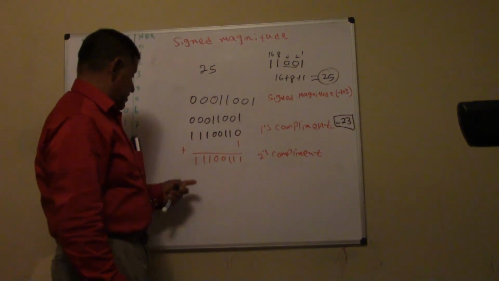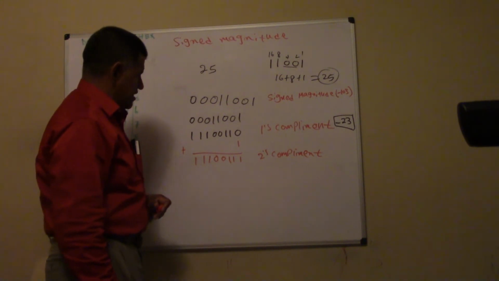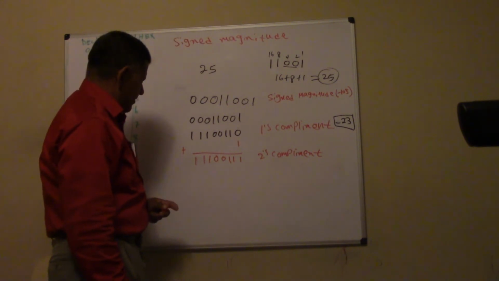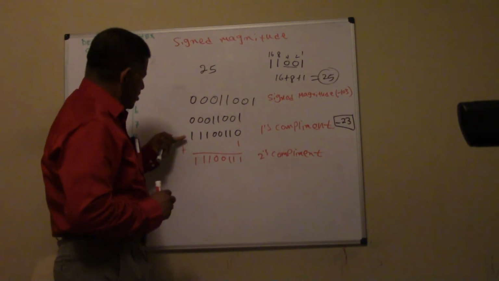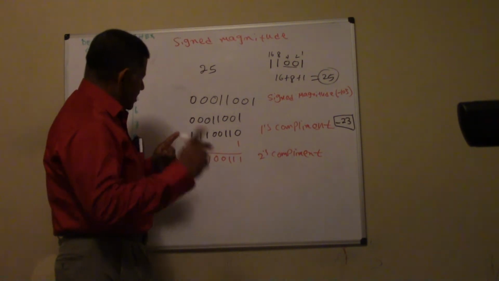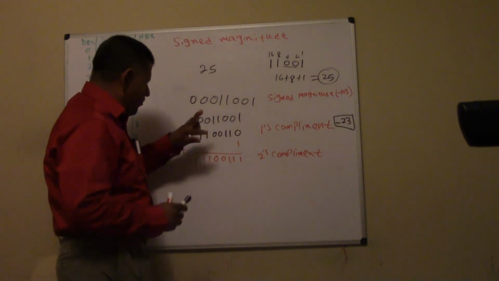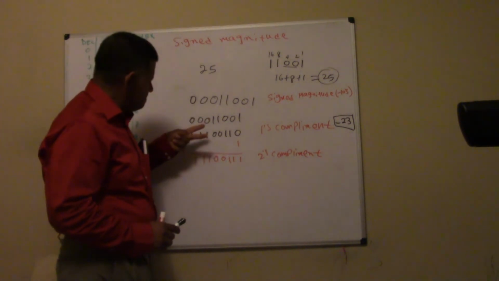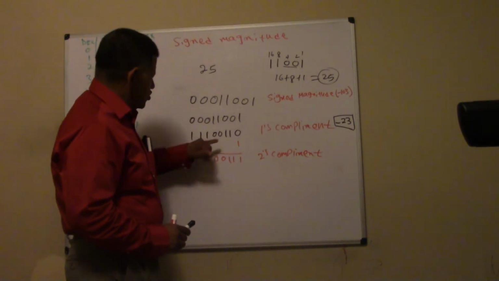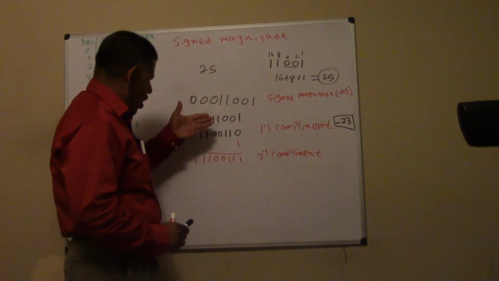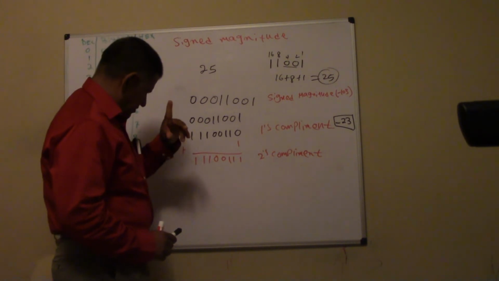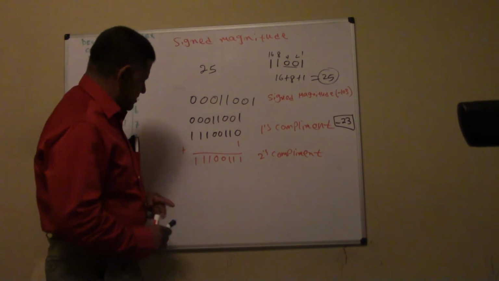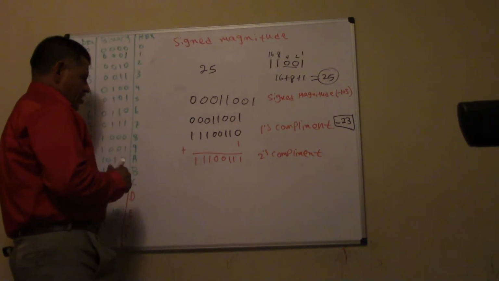Let's see what we get by doing the two's complement. What we did was the one's complement by inverting the bits, in other words, making on or off, vice versa. Now, let's see if we get here the numbers that we need.